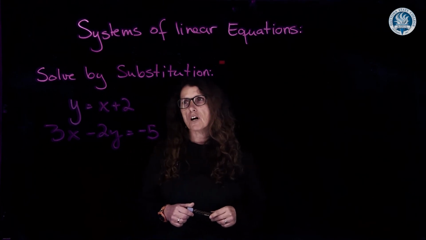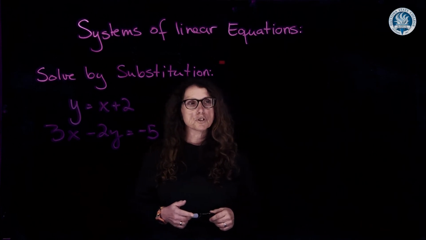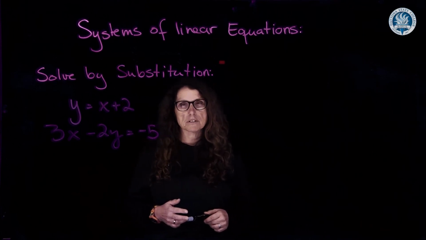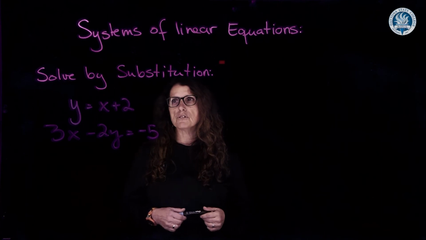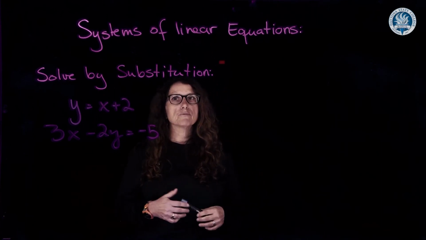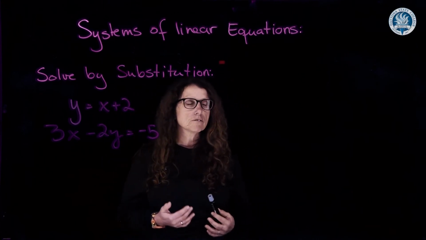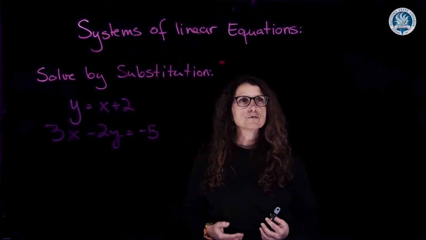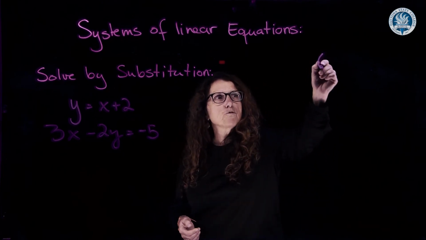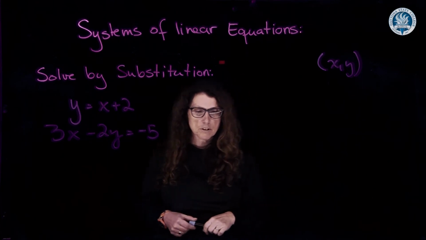They can be solved either by graphing, by substitution, or by the addition method. Today I want to show you how to solve by the substitution method. When we're solving those systems of linear equations, usually our solution comes in the form of an ordered pair x, y.